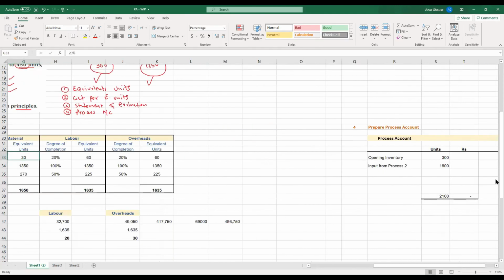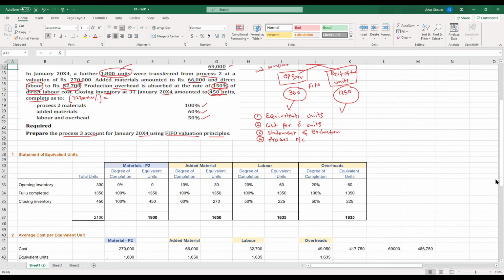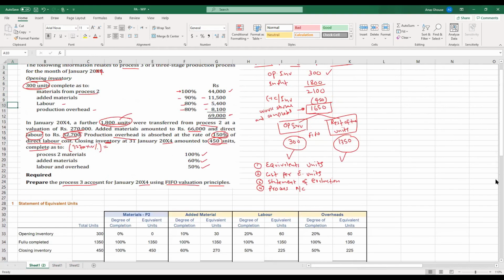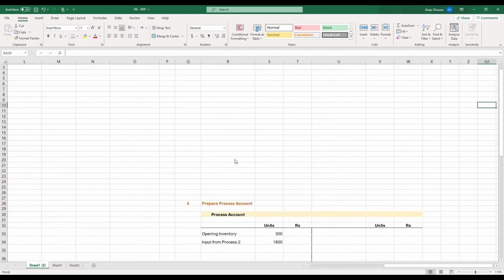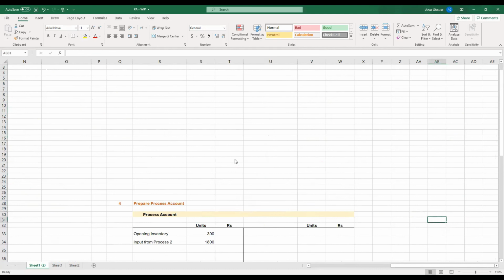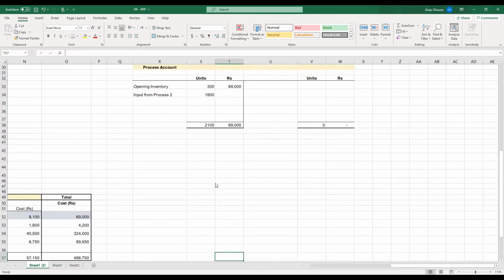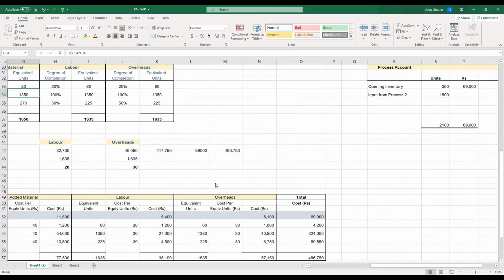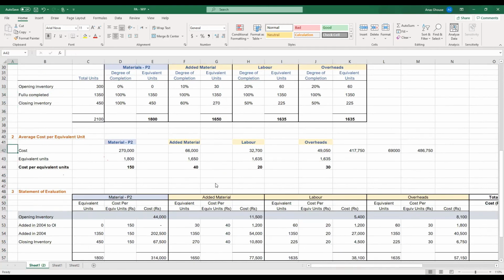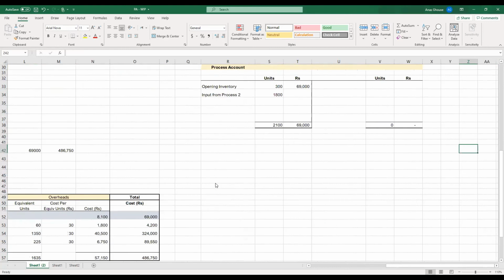Here, opening inventory, we had an opening balance of 69,000. Okay, so we'll take 69,000. Then the input from process 2 material, how much? 270,000, which was 270,000.